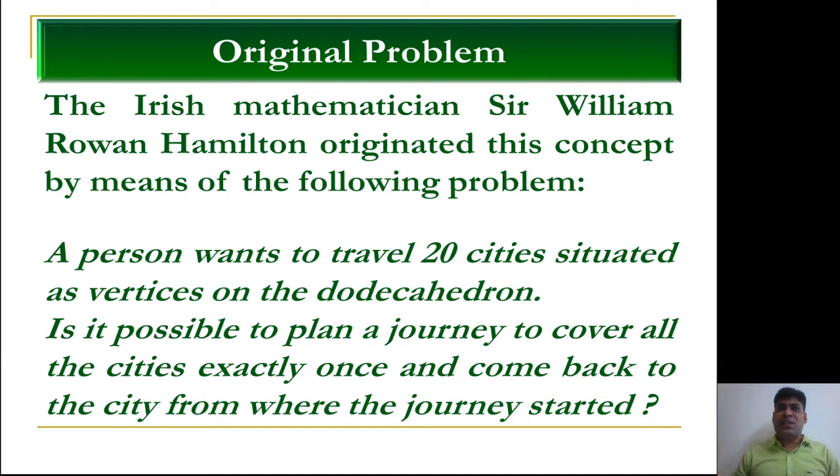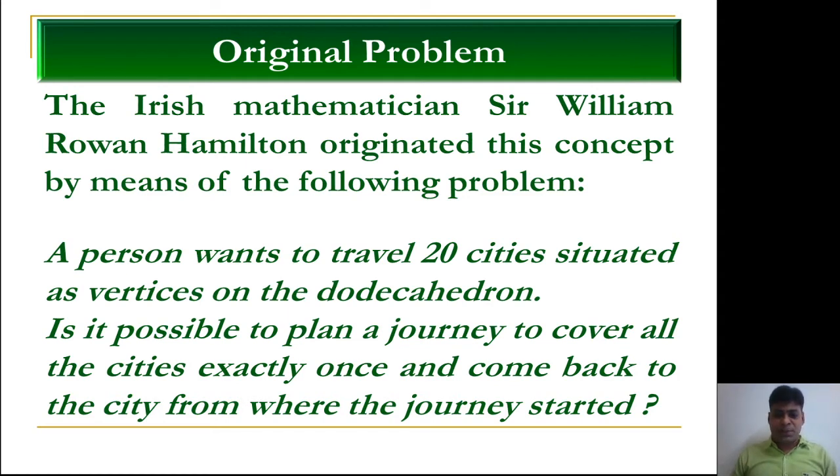Every city is designated by a particular vertex, and if there is a road between two cities, it is designated by a particular edge. So we have a dodecahedron representing this particular map. A person wants to travel these 20 cities. Is it possible to plan a journey for that person to cover all the cities exactly once?